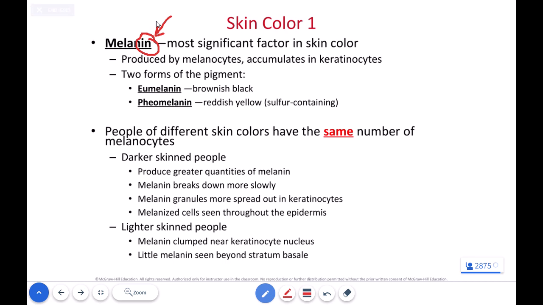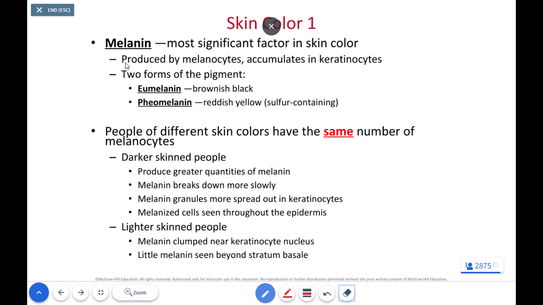A lot of students will mix this up with a hormone that regulates your sleep cycle called melatonin. Melatonin makes you sleepy. Melanin gives you nice color to your epidermis. So they sound very similar to each other, but they are two different things. We'll talk about melatonin when we get to the endocrine system.